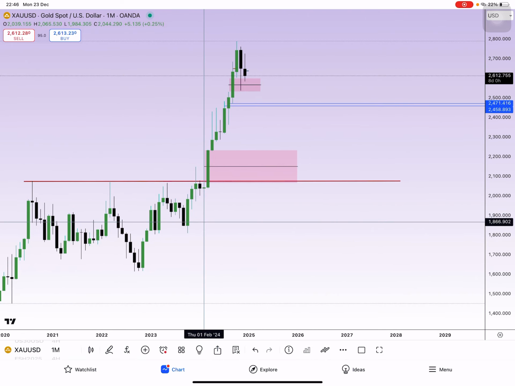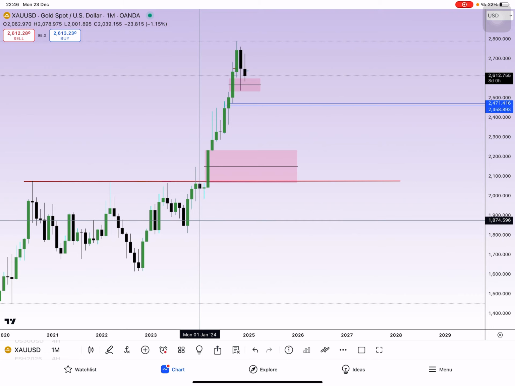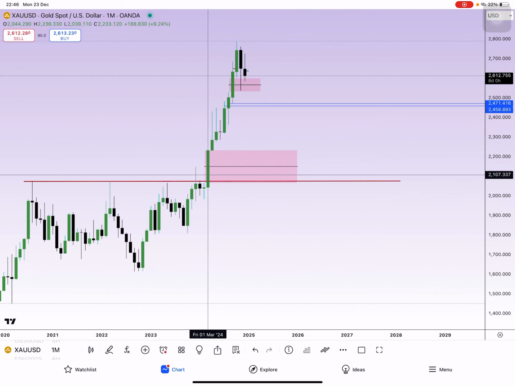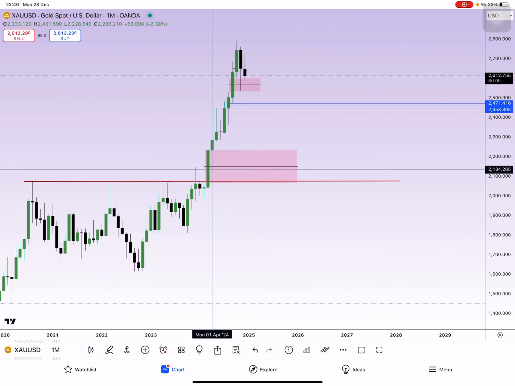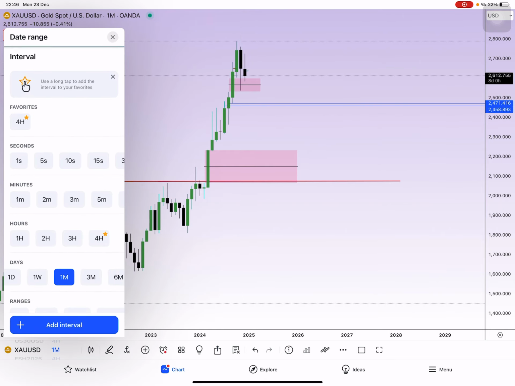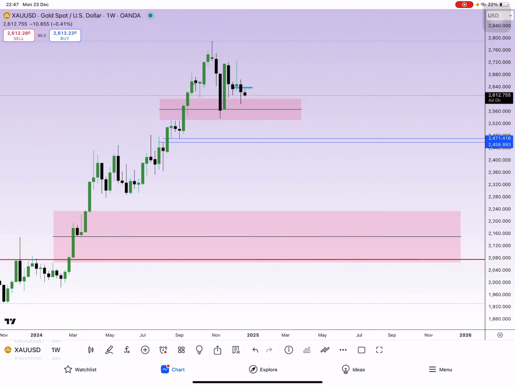If you see, since the last black candle on 1st of January 2024, the whole year we started moving higher. This candle was just dodgy, but other than that, we haven't closed even a single monthly candle that was bearish, and this was the first one. So we will see what it's telling us on the weekly time frame.